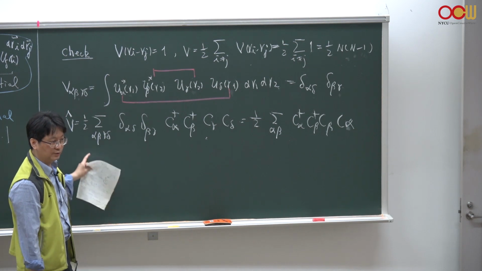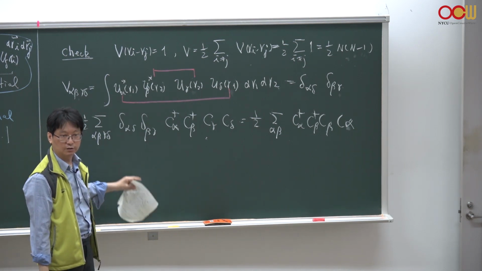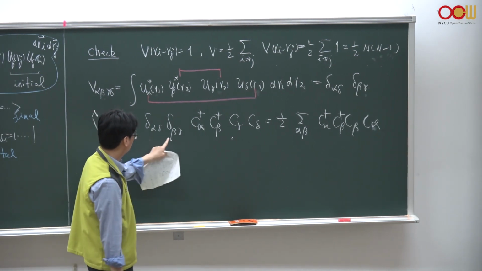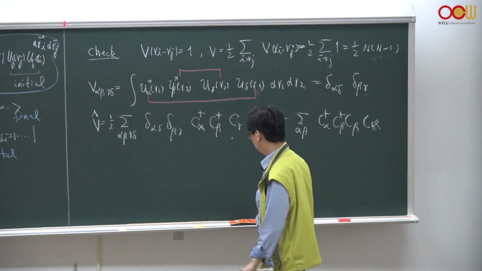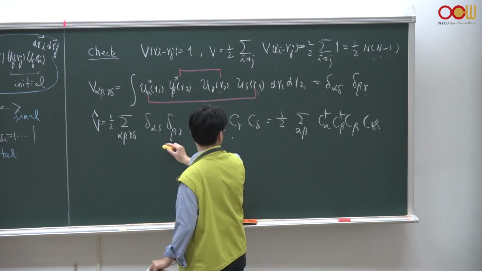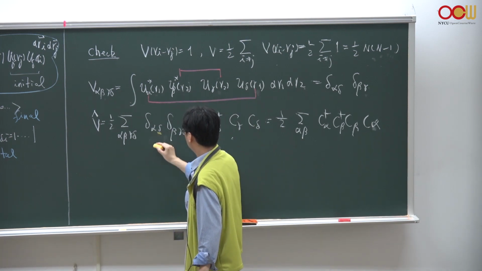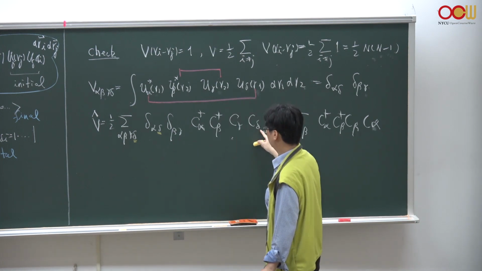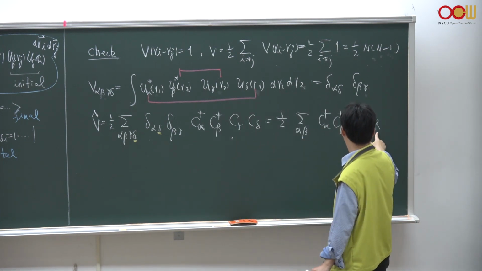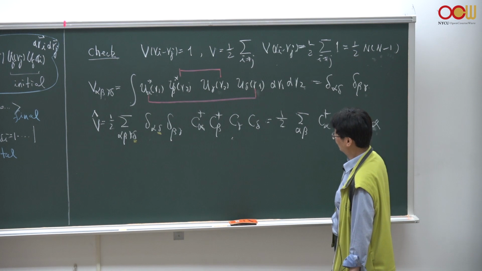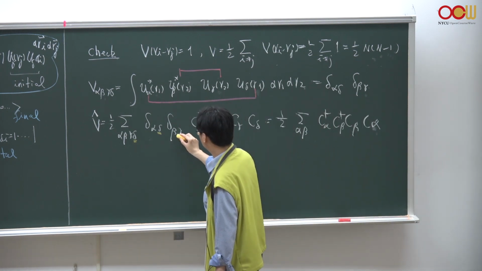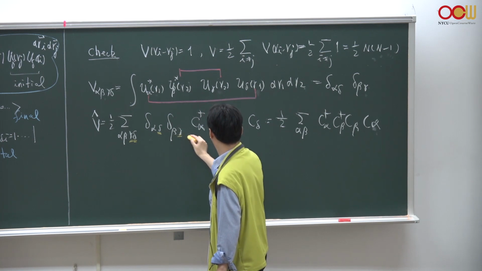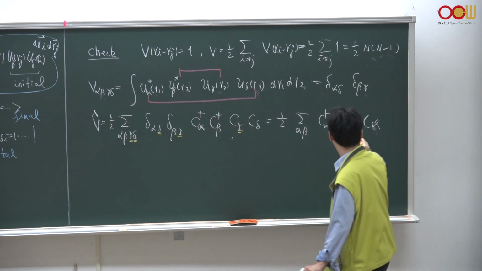There are four summations, but there are two delta functions, which means that you can get rid of two of these summations by using these two delta functions. So suppose I get rid of one of the summations, say delta, by summing over delta, and delta should be alpha. So this is alpha. And I can get rid of, say, gamma by summing over gamma, and gamma should be beta. And that's it.